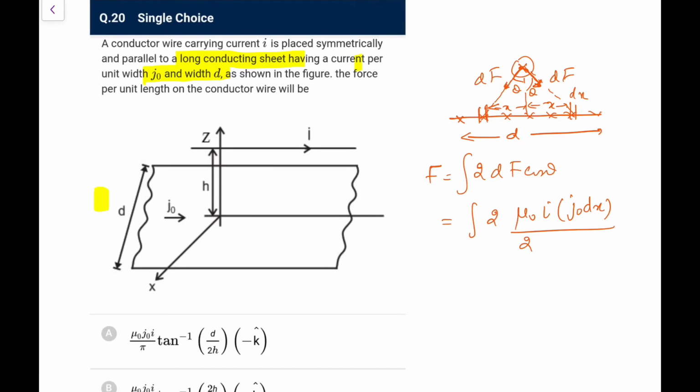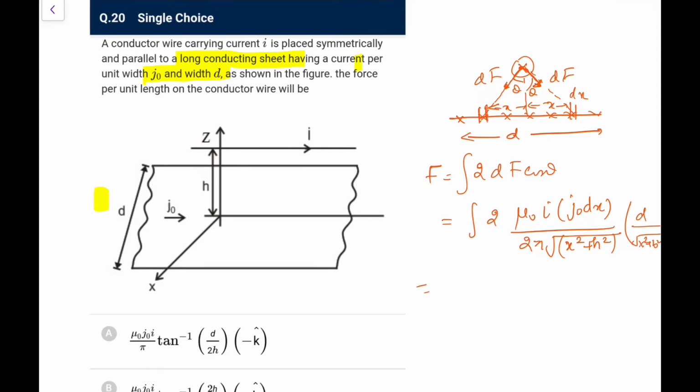So that would be equal to 2 pi, and the distance would be the square root of x square plus h square. And this is sine theta. And what is sine theta? Sine theta, if you make out, would be d upon the square root of x square plus h square.